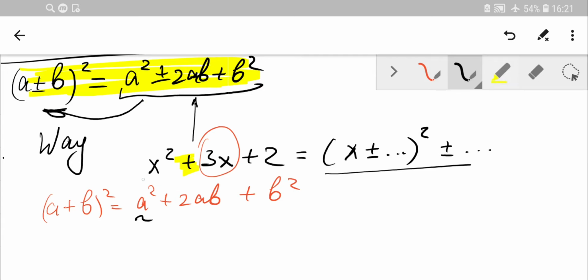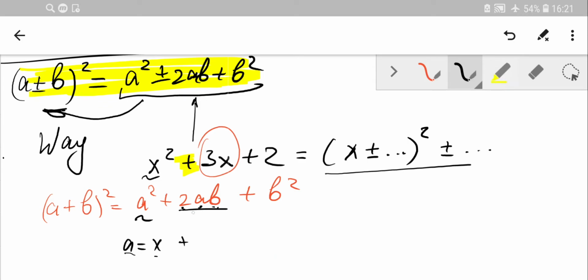Let's say a squared is simply x squared, so we figure out that a is x. We also have 2ab, which is equal to 3x, in order to apply the formula. But unfortunately, we don't have that, because even if you plug in a equals x, right now we have 3x, but you want to have 2ab, so 2 times x and times unknown b.